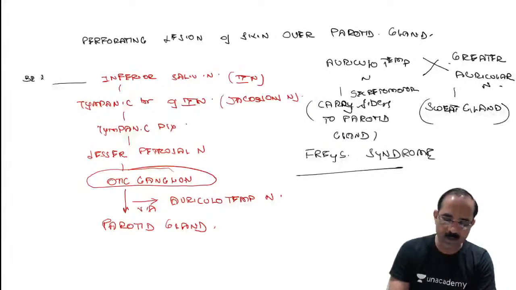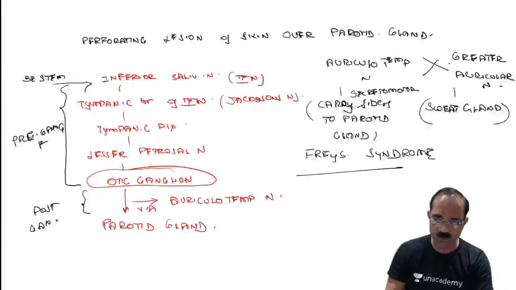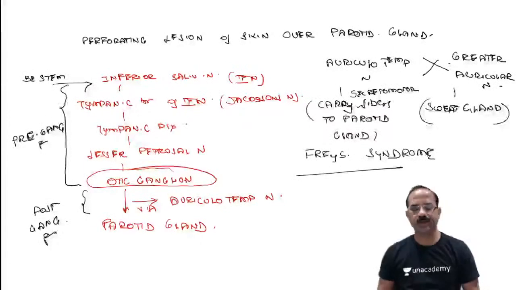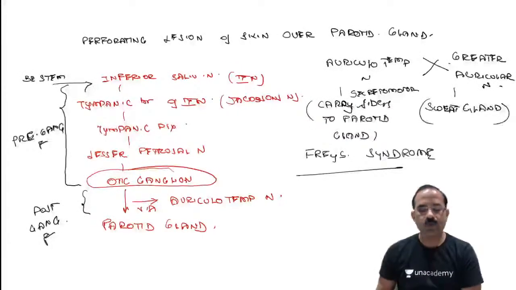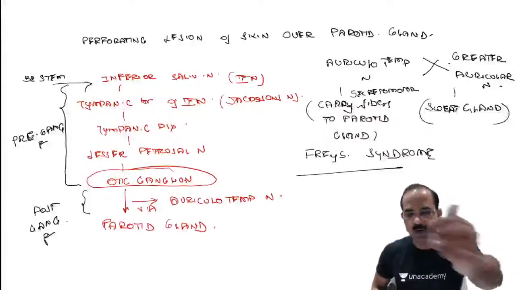From the brainstem to this ganglion, what are these fibers? Preganglionic fibers. And from the otic ganglion to the parotid gland? Postganglionic fibers. These are carried by the auriculotemporal nerve.